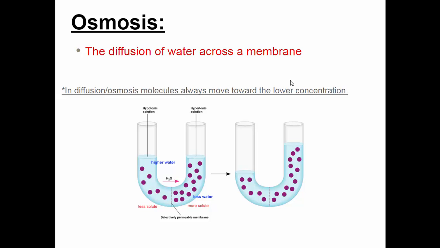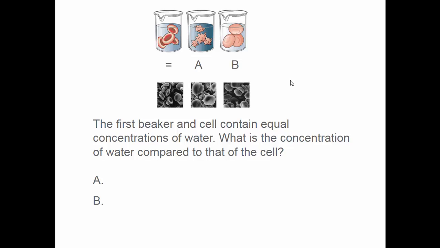The water level on this side would rise higher, and this side would drop lower. So now, what do the concentrations look like? Relatively equal. Because water's gone. What we would say has happened is osmosis has happened. Water has diffused through this membrane, equalizing the concentration.